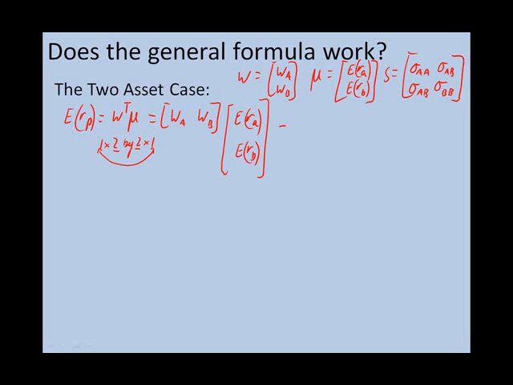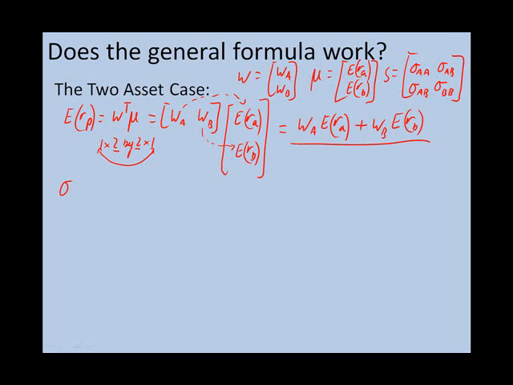If we do this matrix multiplication, we're going to multiply the weight on asset A times by the expected returns on asset A plus the weights on asset B times by the returns on asset B. We get WA times by the expected returns on A plus WB times by the expected returns on B. That's exactly the formula we've seen before.